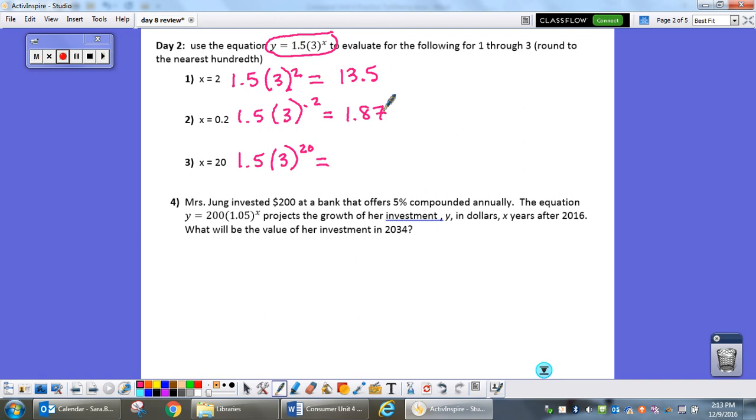Oh, jeepers creepers, that's a big number. Have no fear. Exponentials typically get very large and in charge. I actually did all of these in my head. Notice I didn't even pull up the calculator. Just smart like that, I guess.